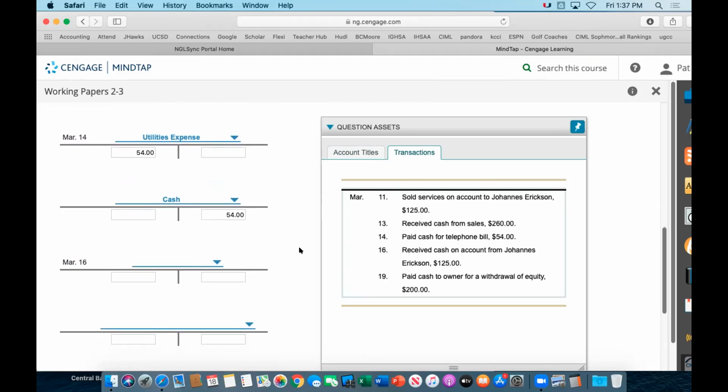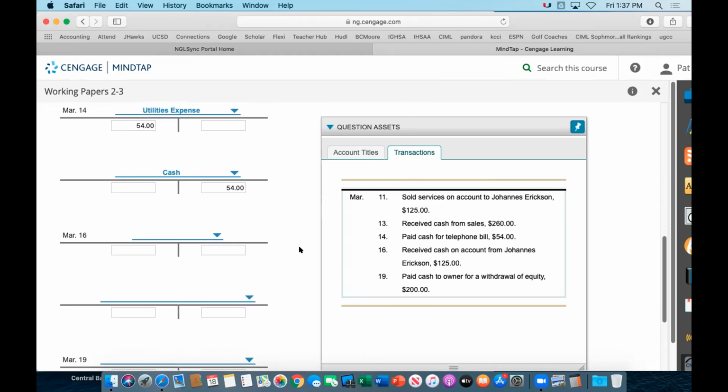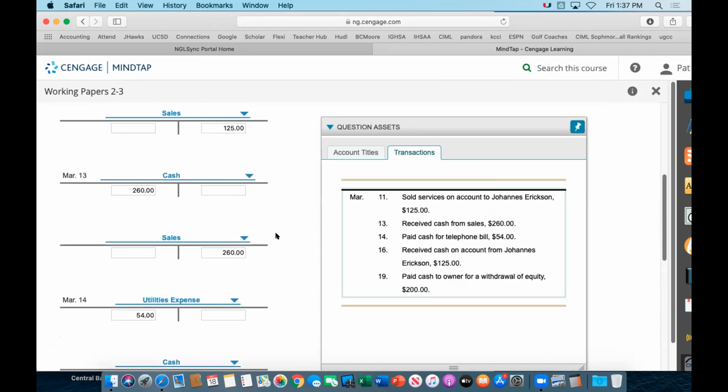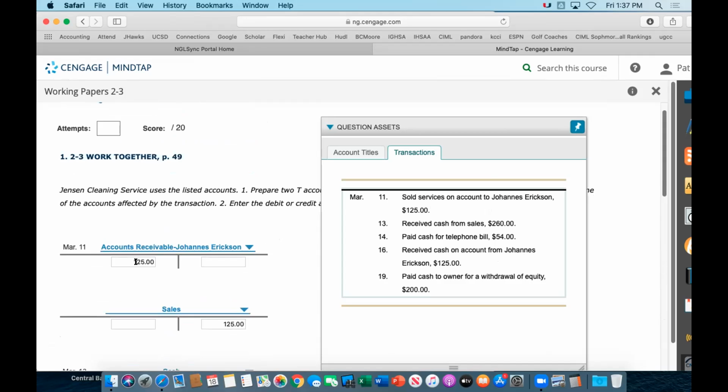The 16th, it says receive cash on account. What transaction is that? That is transaction 10. Whenever we receive cash, what do you know you're debiting? Cash. Over here, remember we debited accounts receivable? We did a $125 job and we're billing them, meaning we will receive cash later, so it's an asset.